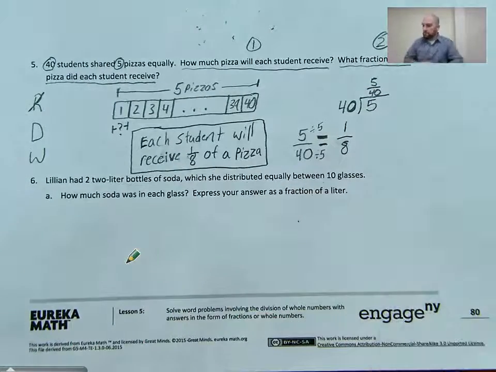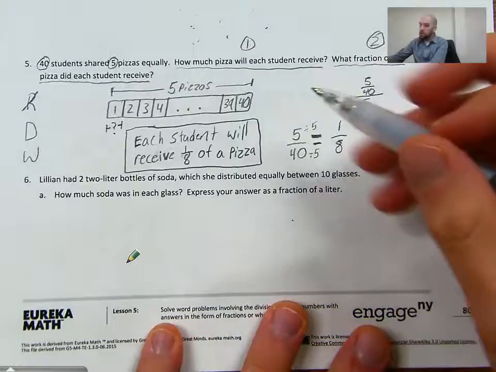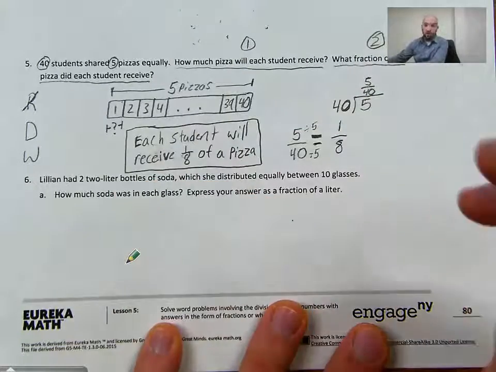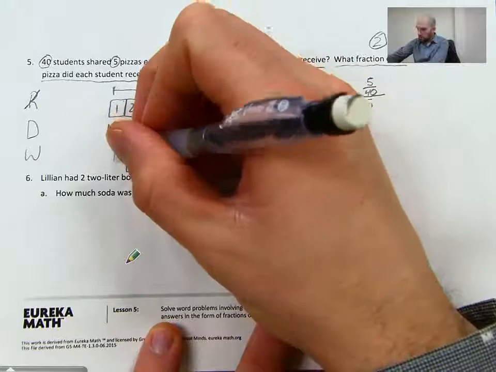And we have 5 pizzas shared among 40 students. How much pizza will each student receive? Well, we know that there's 40 students and they're sharing it equally. So this is part 1 here.